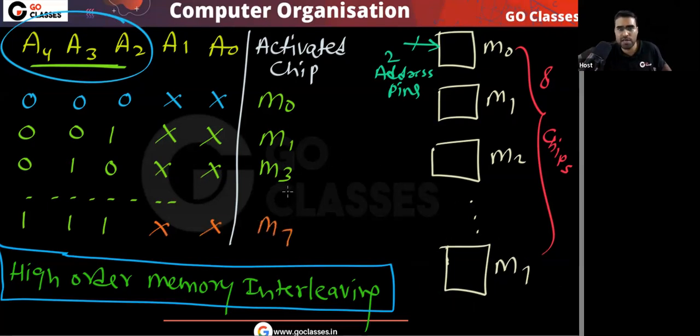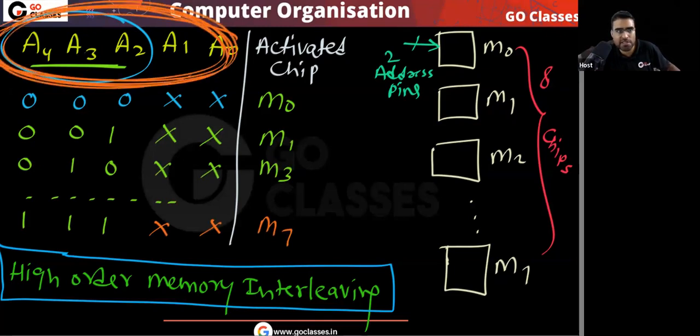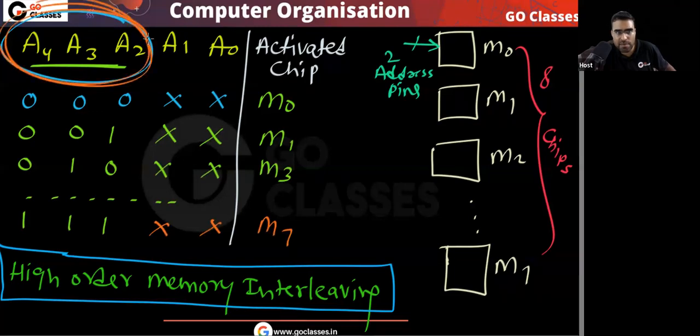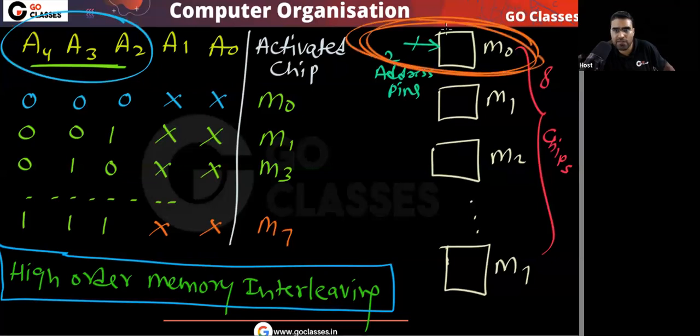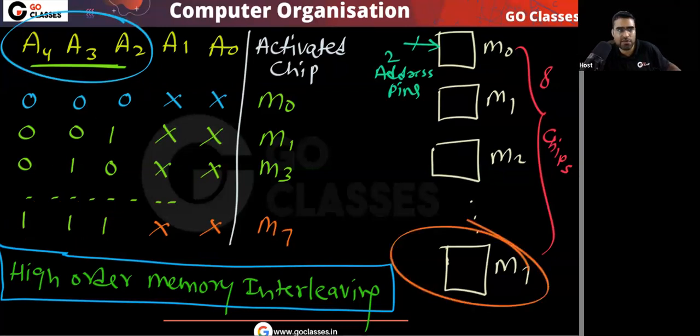Please tell me. In the complete address, if these MSB bits are 0, 0, 0, then this chip will be activated. If these 3 bits are 1, 1, 1, then this chip will be activated.